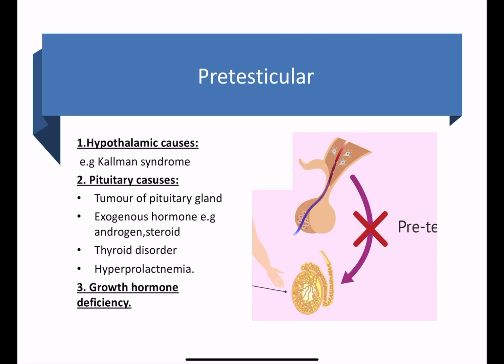Number 3, thyroid disorder, especially hypothyroidism. Number 4, hyperprolactinemia, and in addition to infertility, the patient may present with decreased libido. And the fifth cause in the pretesticular etiology is growth hormone, or isolated growth hormone deficiency.